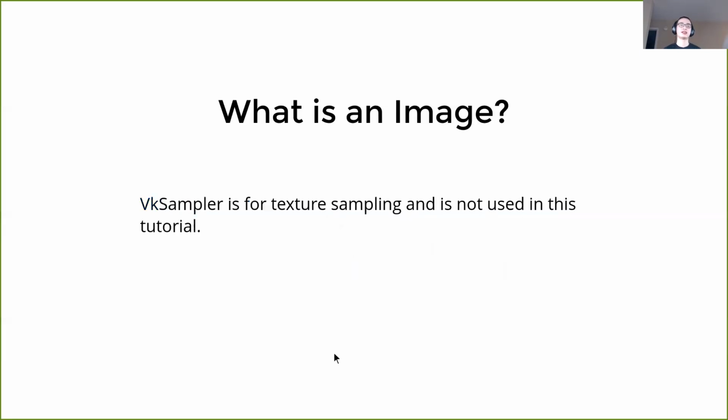And the other object we can have is a sampler, which we need if we want to use texture sampling. In this tutorial, we just write to all the image on a texel-by-texel basis. We can ignore the sampler.